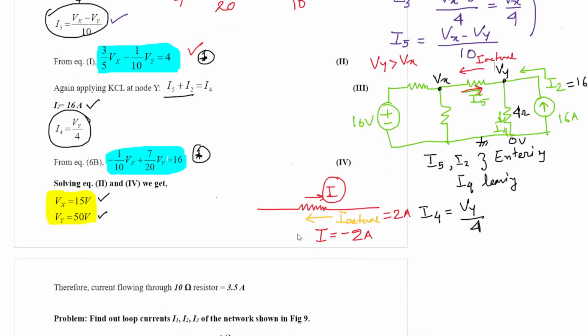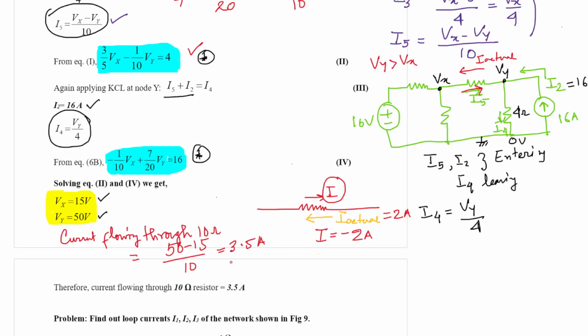The current flowing through the 10 ohm resistor is 50 minus 15 by 10, which is equal to 3.5 ampere.